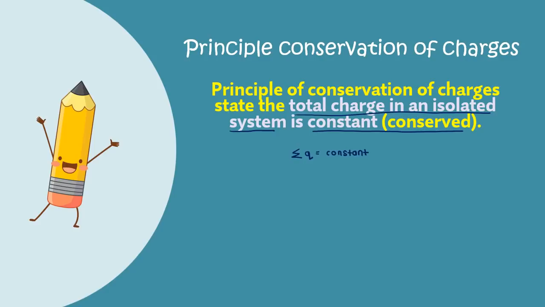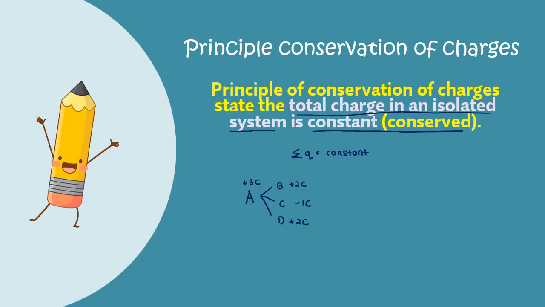Let's say we are doing an experiment which has particle A with positive 3 coulomb, and this particle decays into 3 particles, B, C, and D. Particle B is produced with positive 2 coulomb, particle C with negative 1 coulomb, and particle D with positive 2 coulomb.